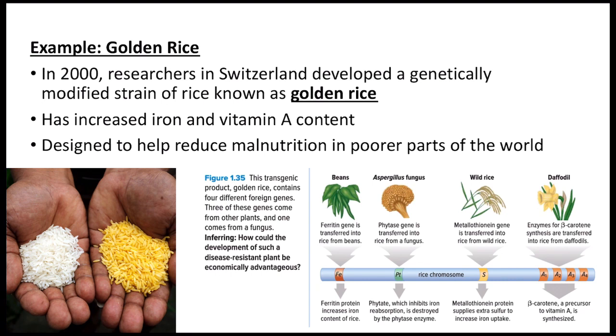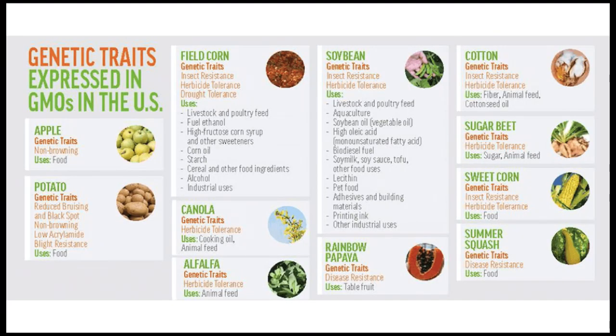So you're putting iron into your body, you're getting rid of something that makes it hard to absorb iron, and you're adding something that makes it easier to absorb iron. And then finally, you have genes for beta carotene, which is a precursor for vitamin A, to increase your vitamin A intake as well.